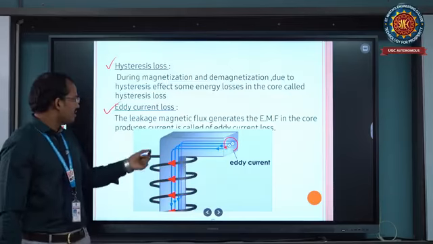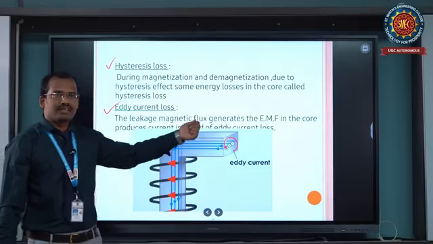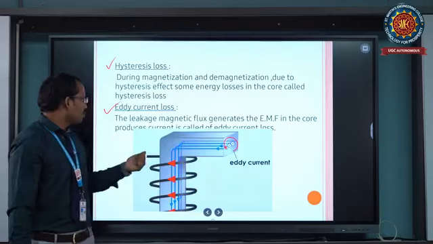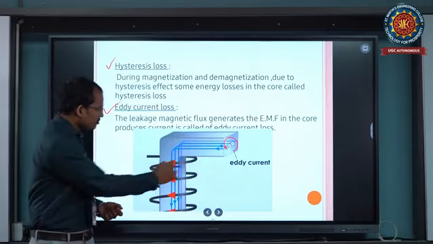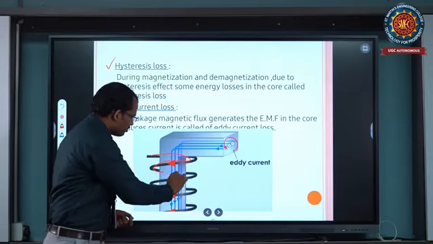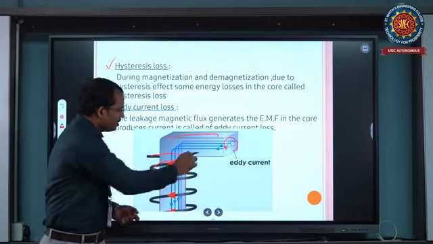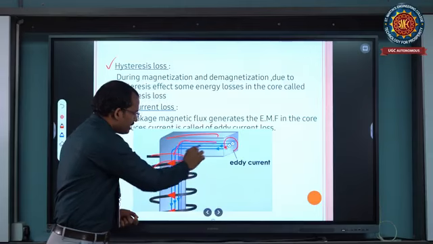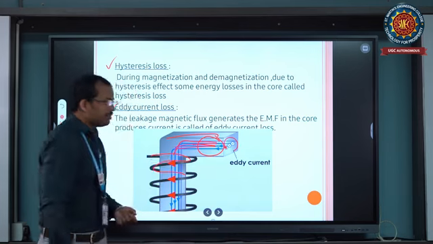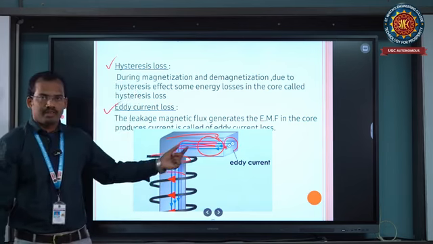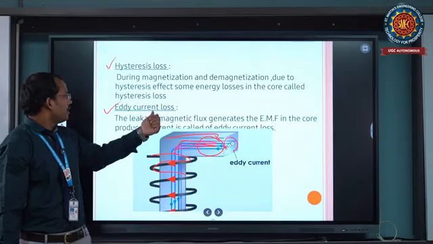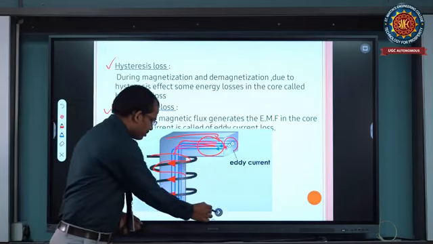Eddy current losses are produced by leakage magnetic flux in the core. This is the iron core of the transformer, and this is the winding of the transformer. In this iron core, magnetic flux is there. Due to this magnetic flux, eddy currents will be induced in the transformer. So this is the eddy current loss of the transformer.